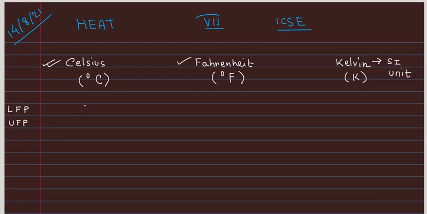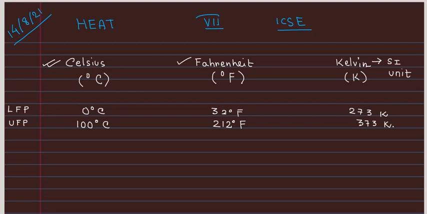The lower fixed point on the Celsius scale is 0 degrees Celsius and the upper one is 100 degrees Celsius. For the Fahrenheit, it is 32 degrees Fahrenheit and 212 degrees Fahrenheit is the upper fixed point. And for Kelvin, it is 273 Kelvin and the upper one is 373 Kelvin.